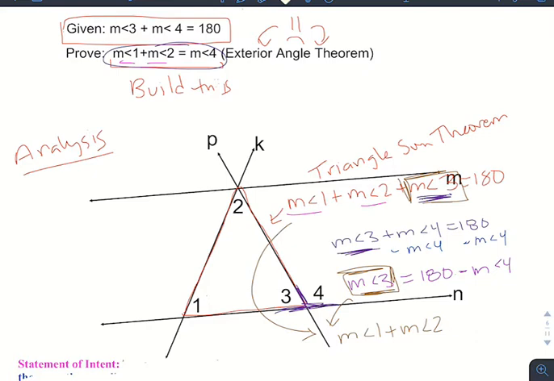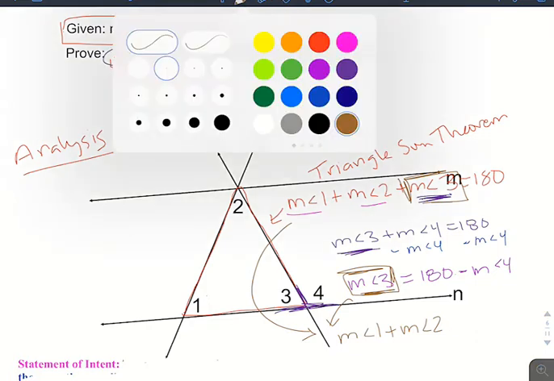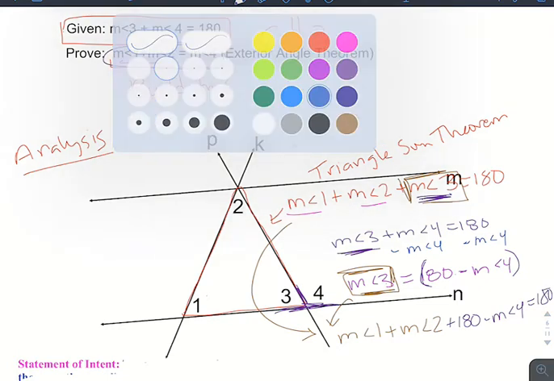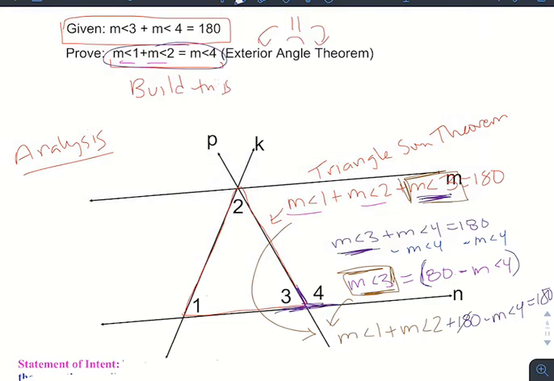I'm exchanging this part for 3, so it should be plus 180 minus the measure of angle 4 equals 180. That's kind of a Mondo equation, but if we do some manipulation, right away the 180 should cancel, because it's on either side of the equation, and then I can just add the measure of angle 4 to both sides.